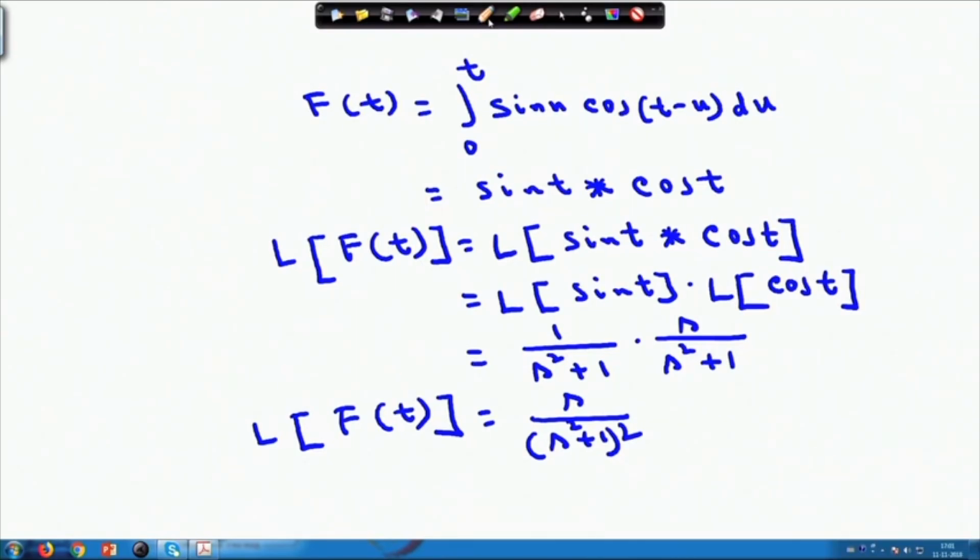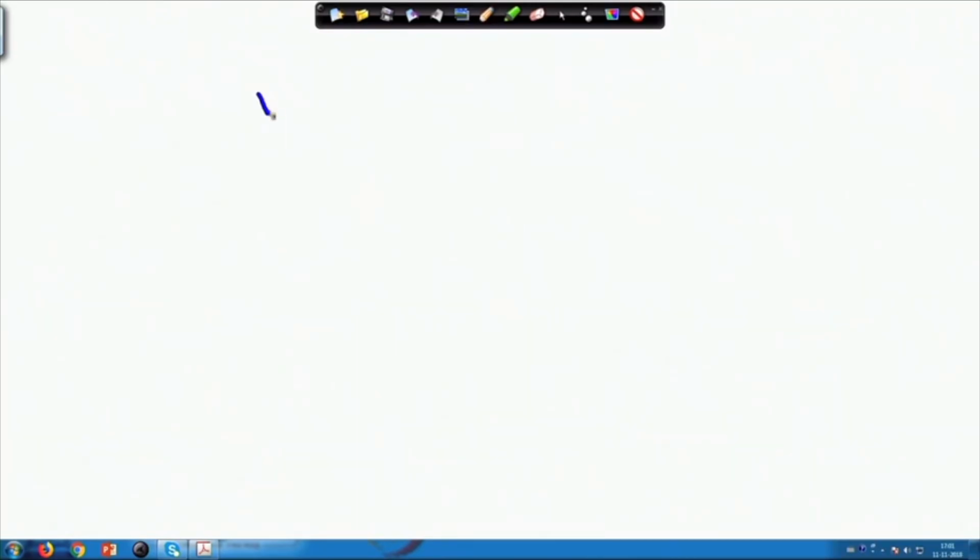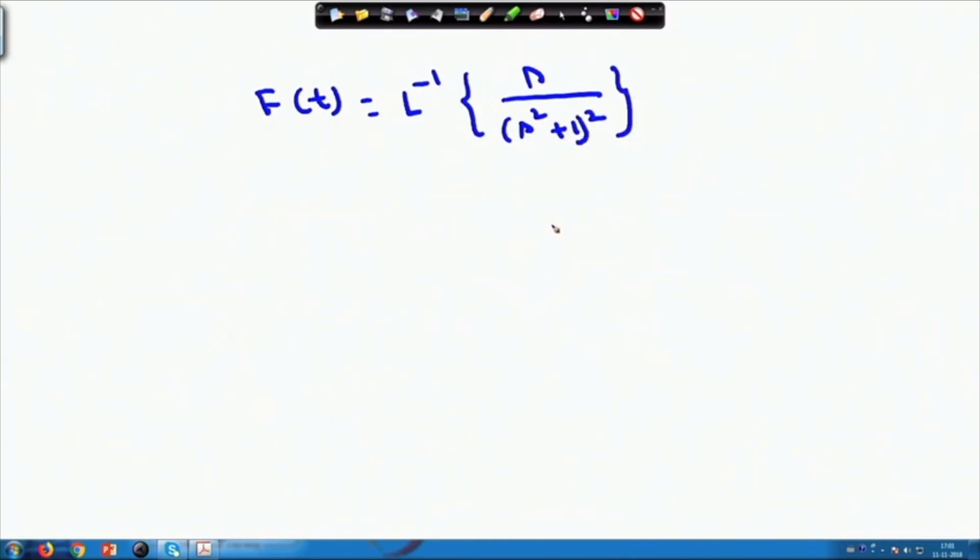So, f(t) equals Laplace inverse of s by (s square plus 1) whole square. In any case, either I have to find the Laplace transform or the inverse Laplace transform. So, I can write this as half into, I can make it 2s, and put half over here.